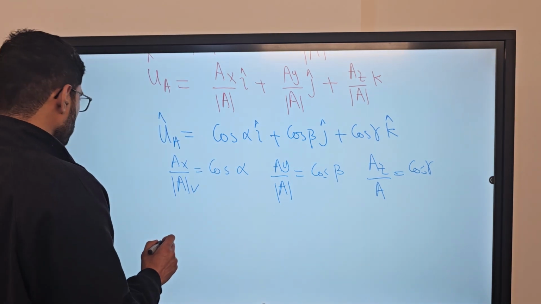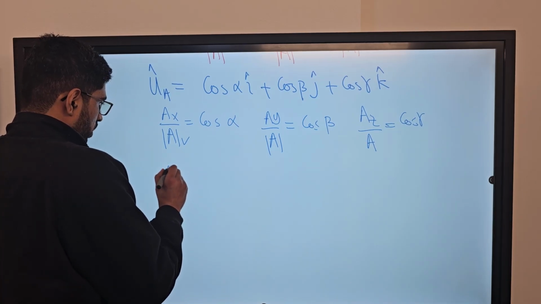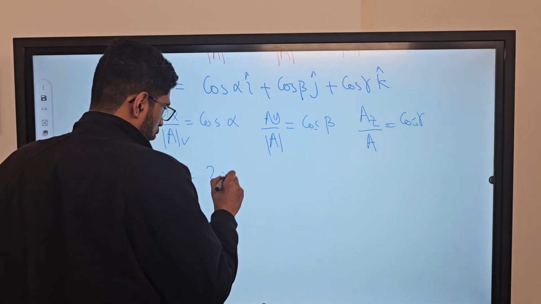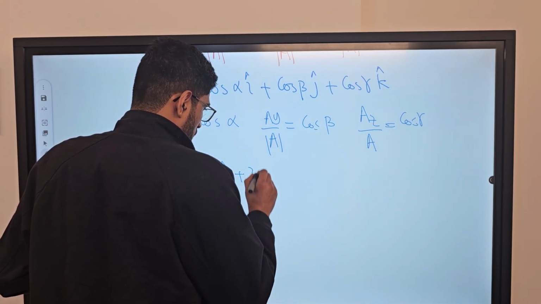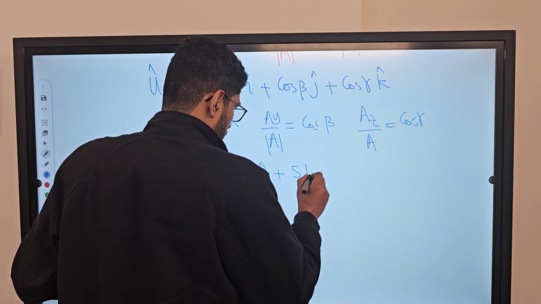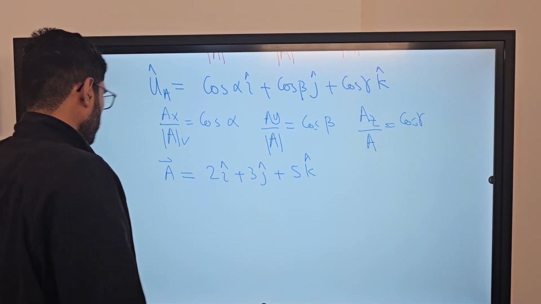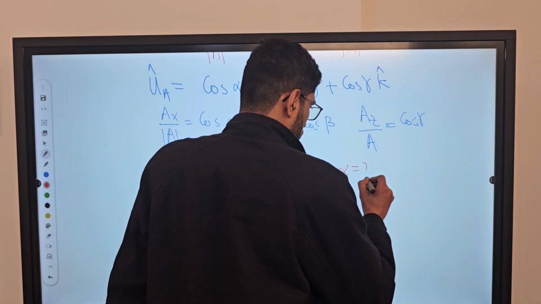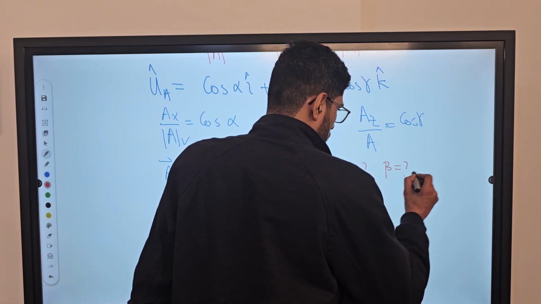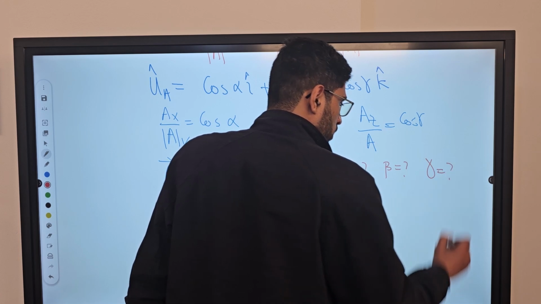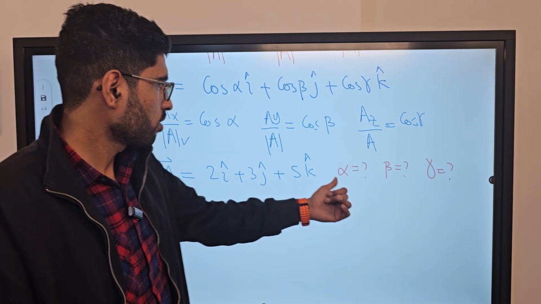Let's say we are given a vector a which is 2i plus 3j plus 5k, and we are asked to find angle alpha, beta and gamma.